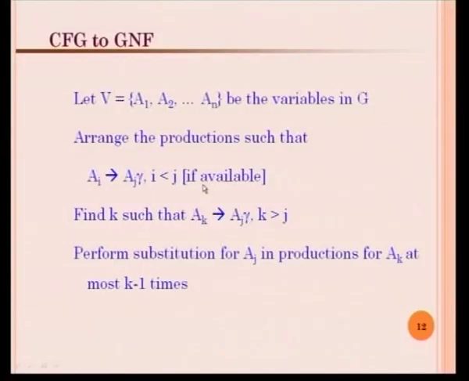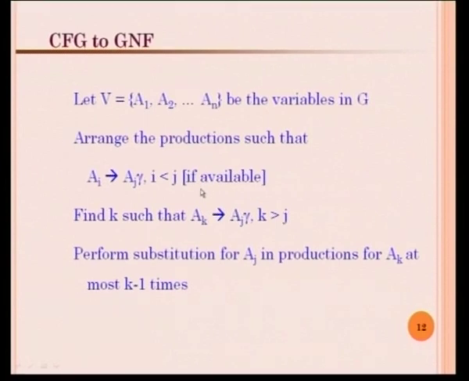The procedure for converting the grammar into its equivalent Greibach normal form is, the very first step is the arrangement of the productions in such a form that Ai derives Aj gamma where i is less than j. That is, we should find the production rules where the low order variable is always starting with the higher order, that is the higher numbered variable, on the right hand side.